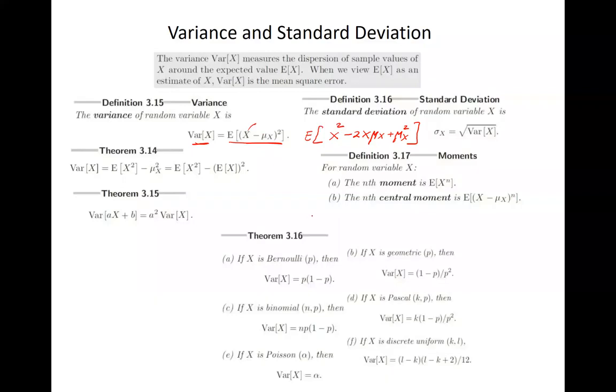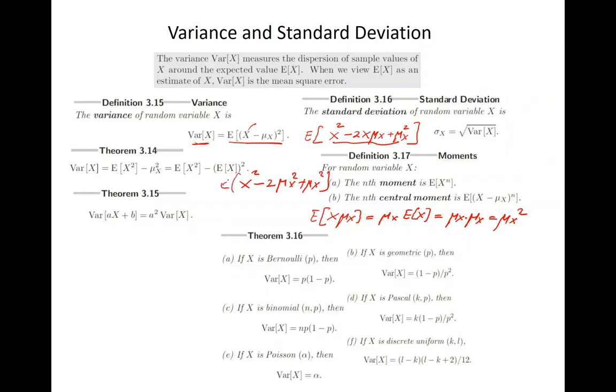As you can see, the expected value of x mu x is going to be mu x times the expected value of x, which is mu x times mu x, which is mu x squared. So then this could be written as the expected value of x squared minus 2 mu x squared plus mu x squared. Then it's going to be the expected value of x squared minus mu x squared. This is equivalent to this one.